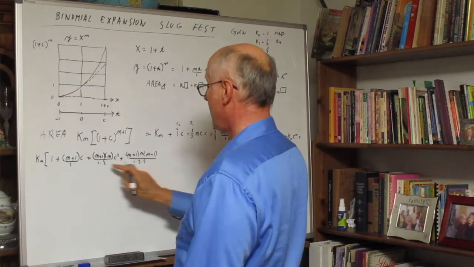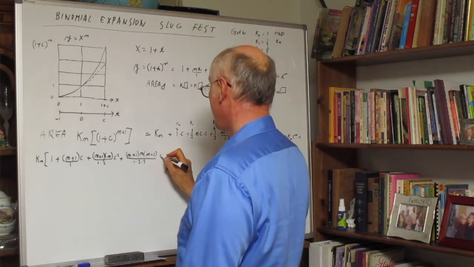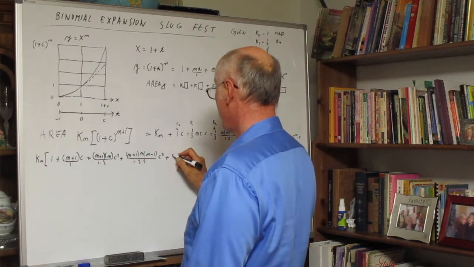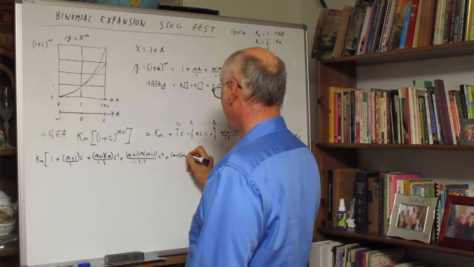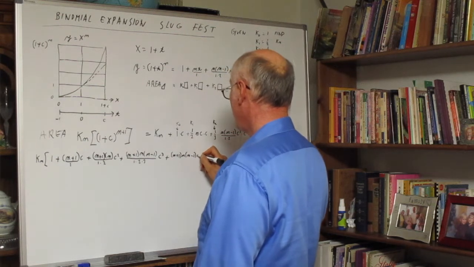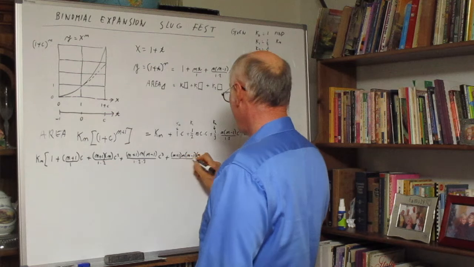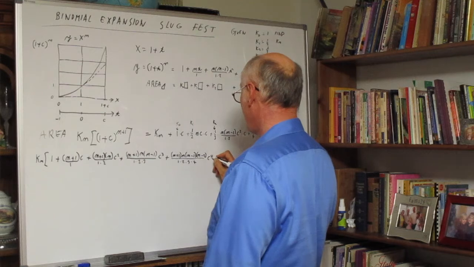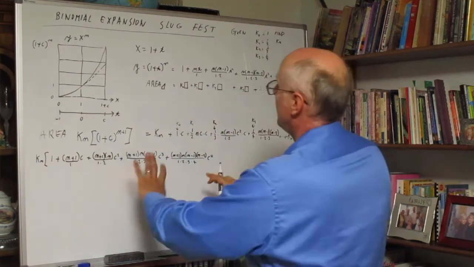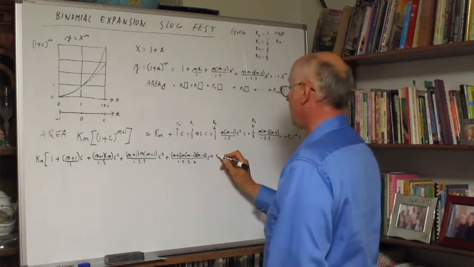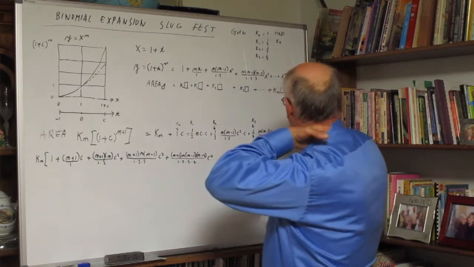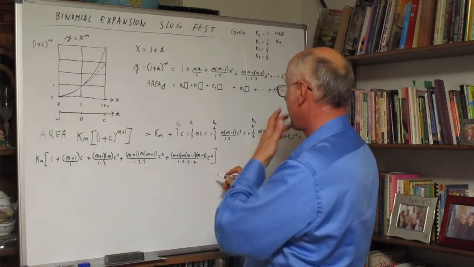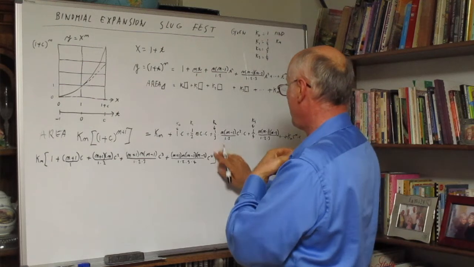That's right. 3 factorial times c to the third plus n plus 1, n minus 1, n minus 2, over 1, 2, 3, 4, and this is c to the fourth, and that equals everything over here, which equals... let's simplify.